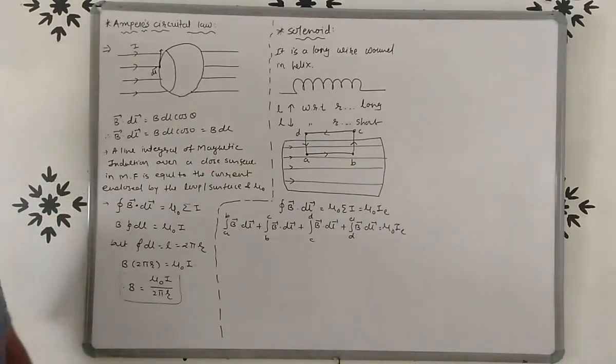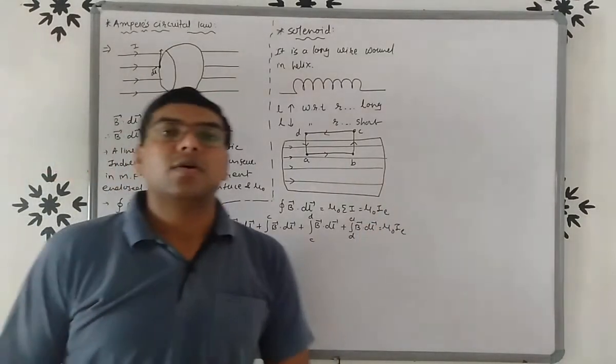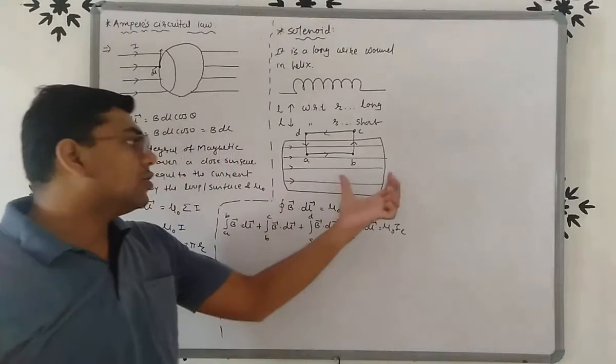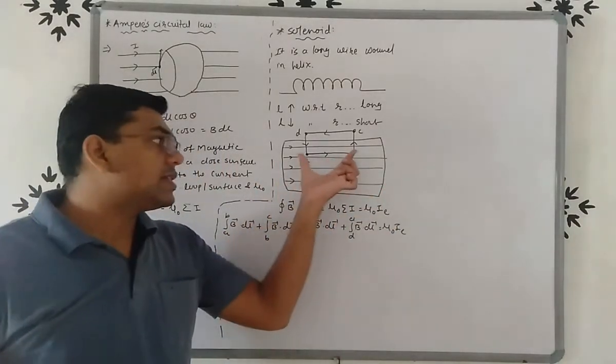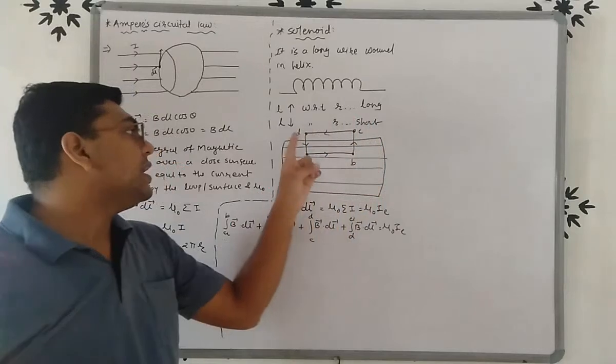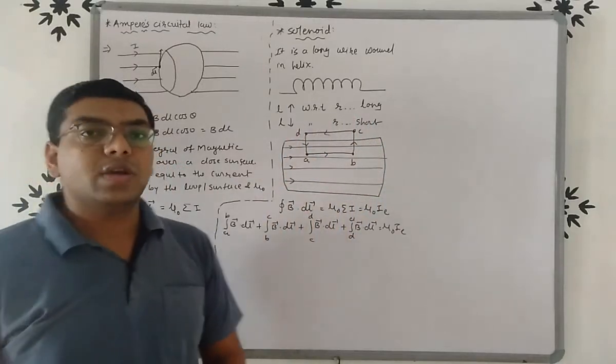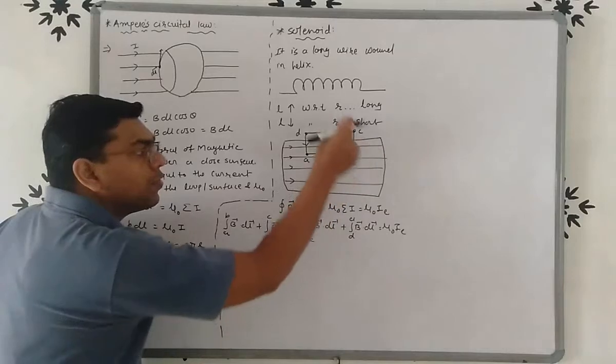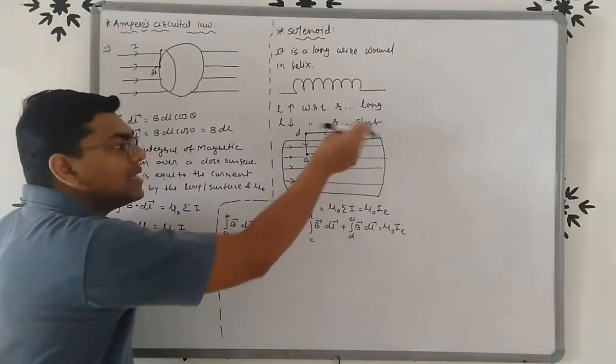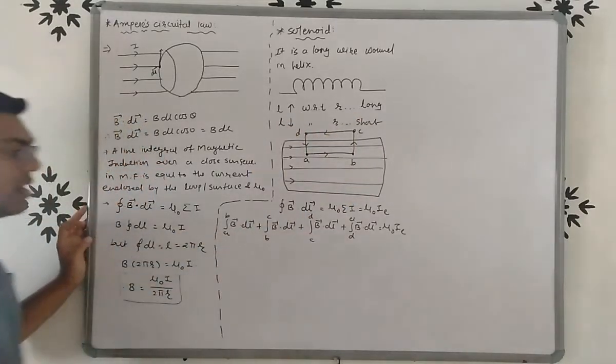Right? So to find the magnetic field for this long solenoid, we consider this Amperian loop ABCDA. Here the closed integral is divided into four parts: AB, then BC, then CD, then DA. Now friends, see here.